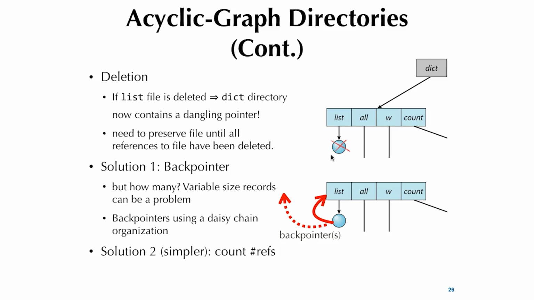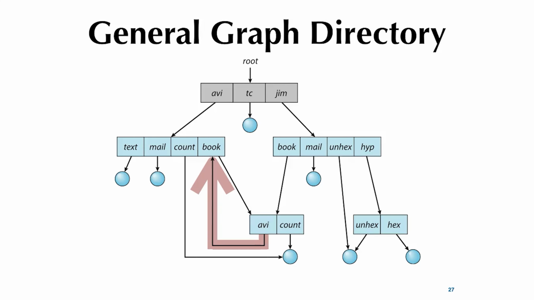But in practice, the more common way is to do what's called reference count. And again, that's very similar to how memory is managed also for garbage collection purposes. So in a more general graph directory, though, you don't have acyclic. Instead, you may have cycles. Okay, and so what happens?